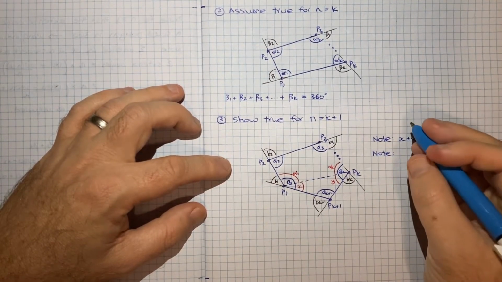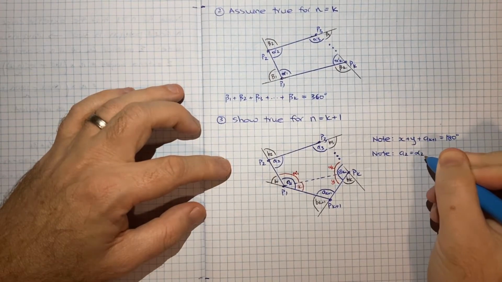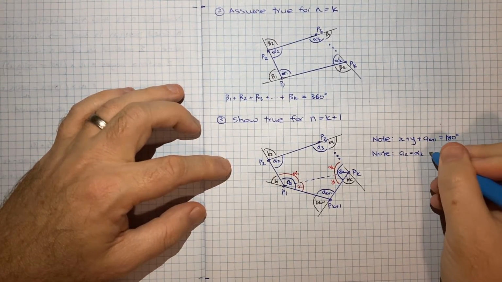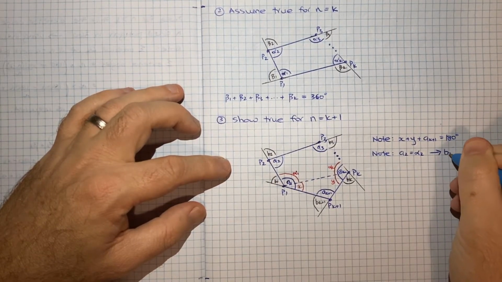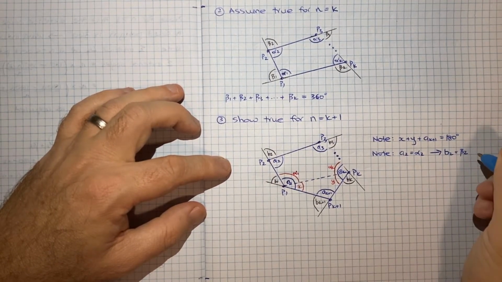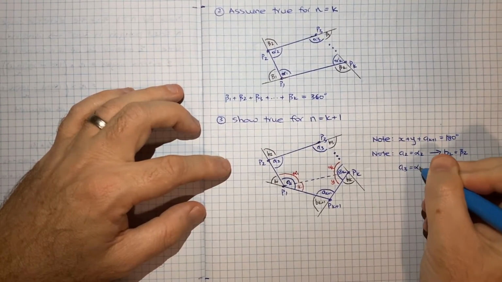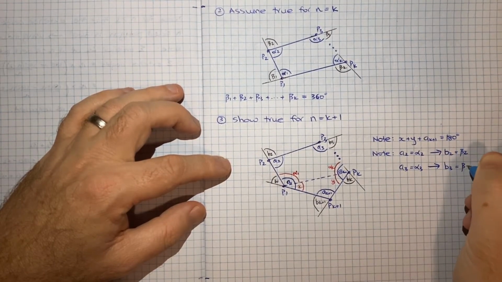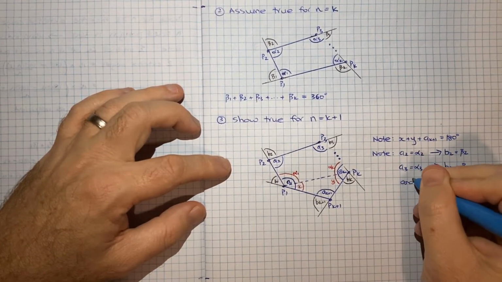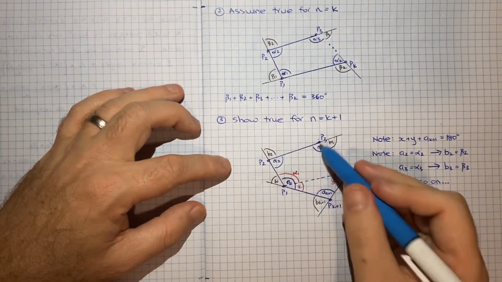So I can say that A2 is equal to alpha 2, and that would mean that B2 would be equal to beta 2. I could say that A3 is equal to alpha 3, and correspondingly B3 would be equal to beta 3, and so on. I could keep doing that for all of the other interior and exterior angles.